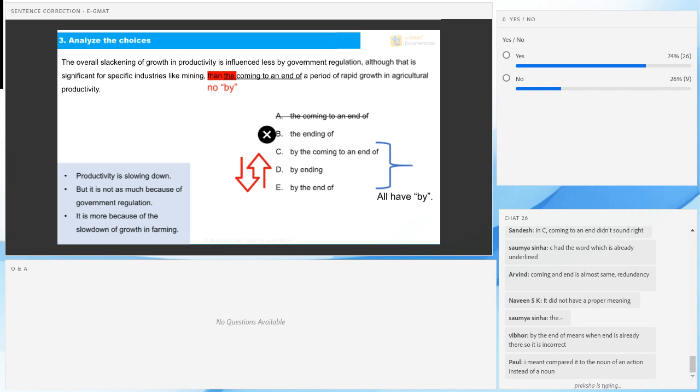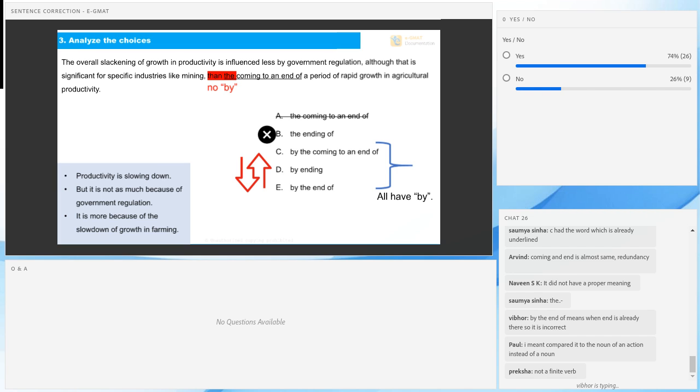See, "the coming to an end of" is the starting point of the underlined portion. What choice C is doing is changing the starting point. Instead of saying "the coming to an end," choice C is saying "by the coming to an end," right? So that's not wrong at all.